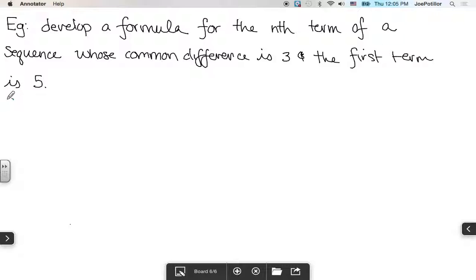So we're given D is equal to 3, A sub 1 is equal to 5.